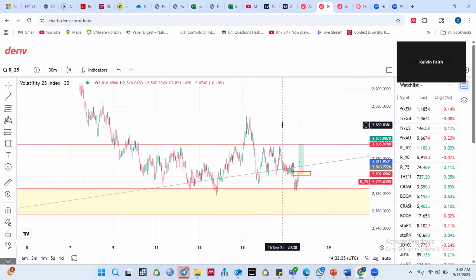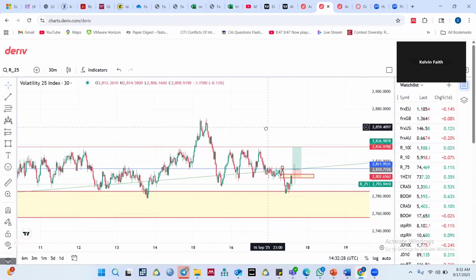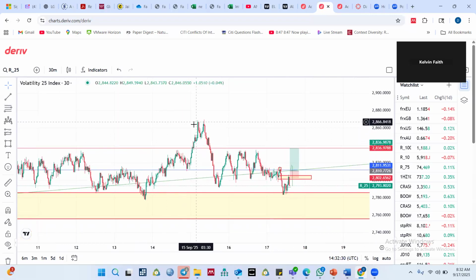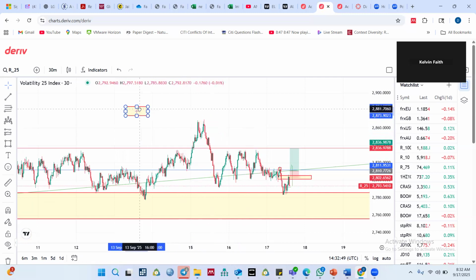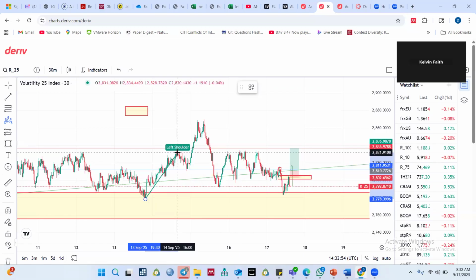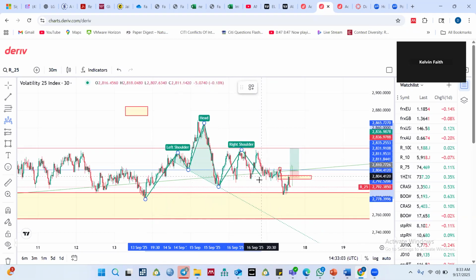So we look at this high here, this area, this low, this area, this high here, and this high here. So I can view this area as a head and shoulder, with the neckline break and the right shoulder here.